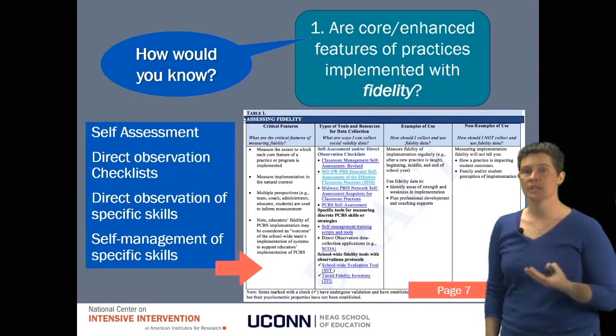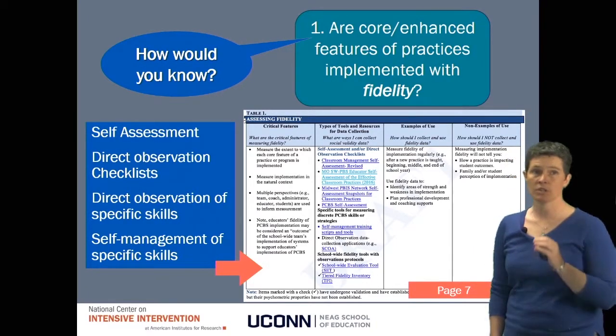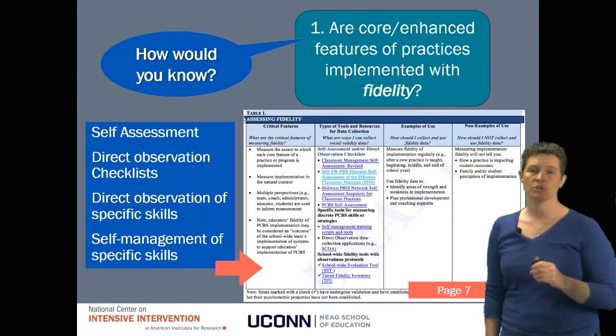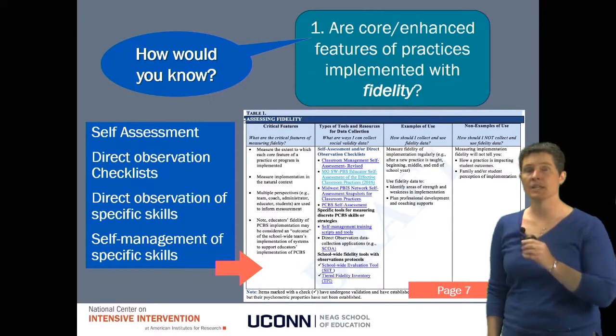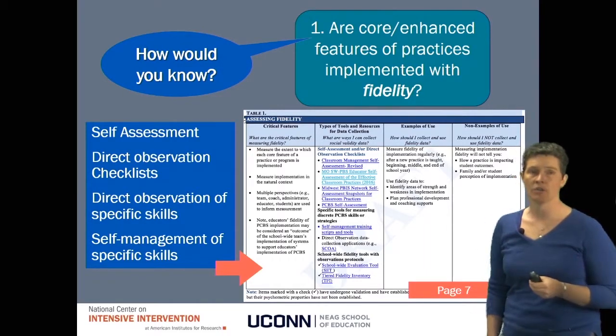So if you're interested in, for example, your use of opportunities to respond, there are tools that you can use for direct observation of just opportunities to respond or just specific praise statements. There are also ways that you can self-manage your use of those skills, and there are tools listed in this table for that as well. The key is that you choose the measure that matches the sort of intensity of your question.